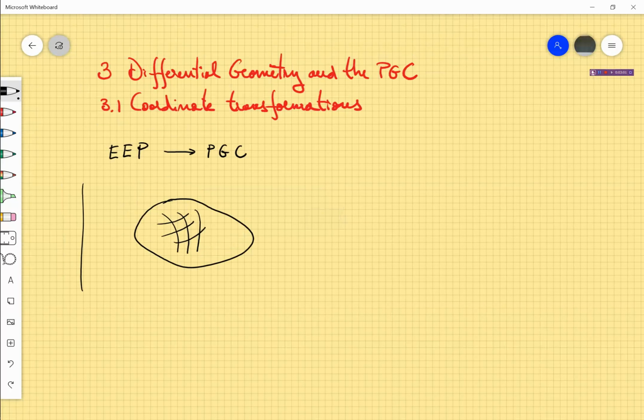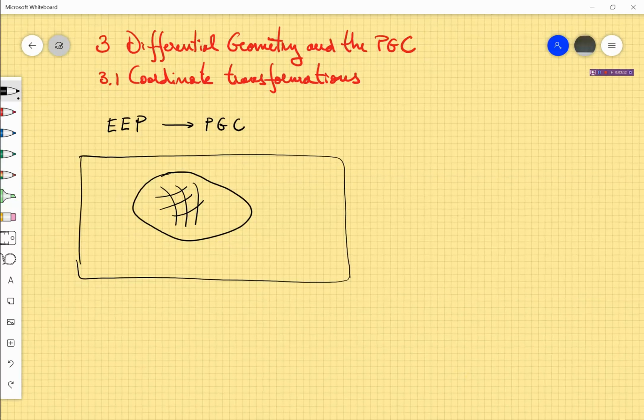And these coordinates may not be able to cover all of it. One example would be these spherical coordinates we were talking about. They are really bad at several points. For instance, at the origin r equals 0, they are not good coordinates.